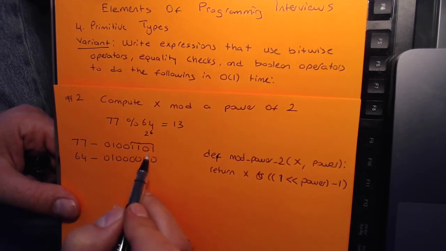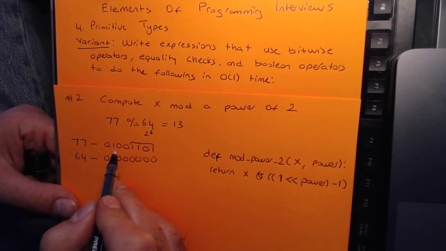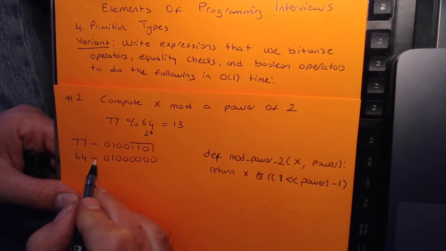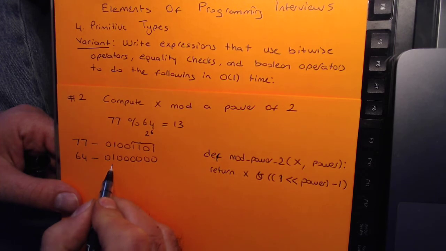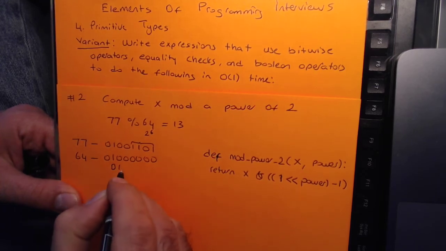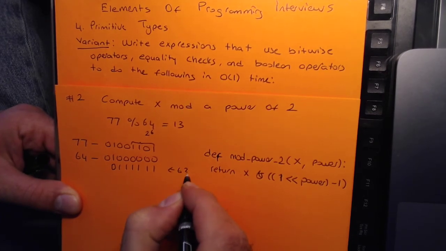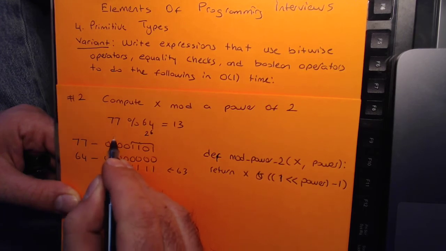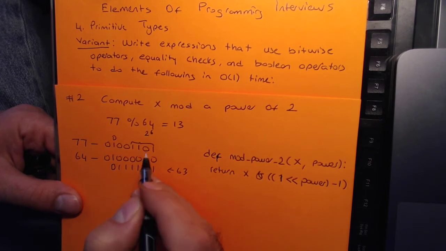If I can get a number easily that way, and if I AND that number with my original number, which is 77, I will erase the most significant bit and keep the rest of it. In this case we have 64. If I somehow get this bit to 0 and the remaining bits to be 1, which by the way is 63, then I can get rid of the most significant bit. This will become 0, and I will keep everything else the same.